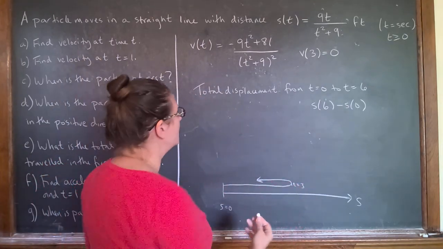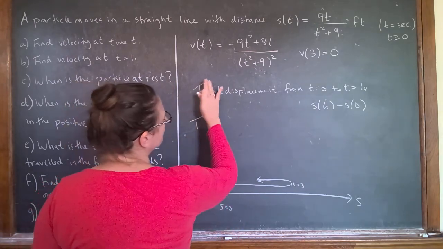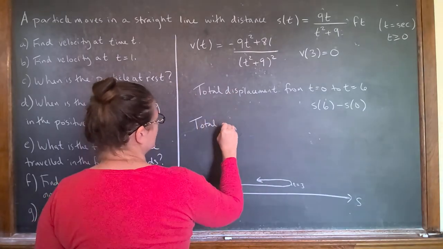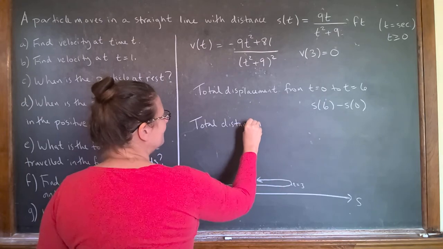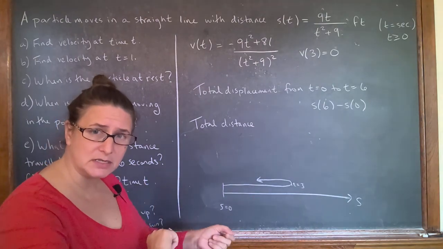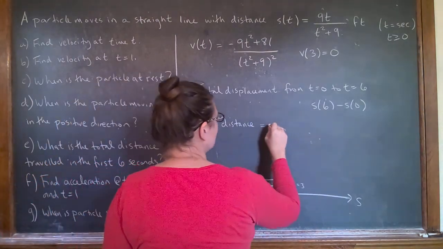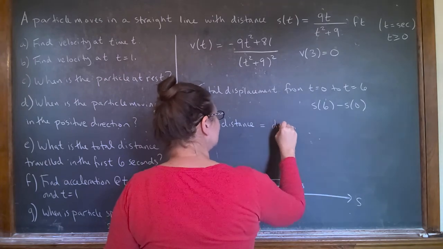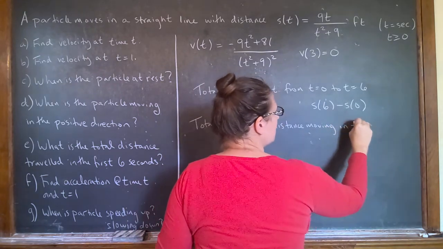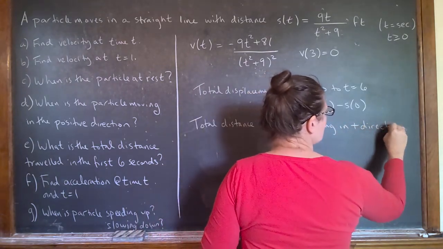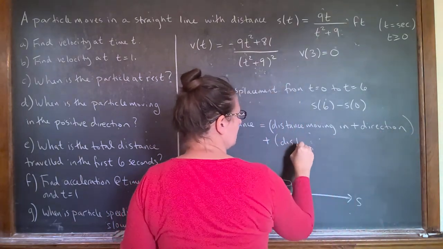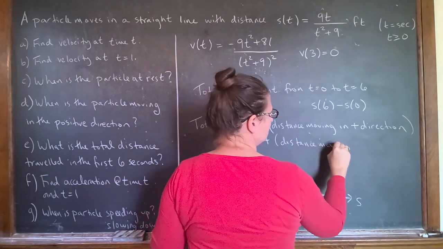So if I want total distance, they might just call the other one displacement, but for total distance, I have to take the distance going in the positive direction and add it to the distance I'm moving in the negative direction. So this would be the absolute distance moving in the positive direction, and I'm going to add that to the distance moving in the negative direction.